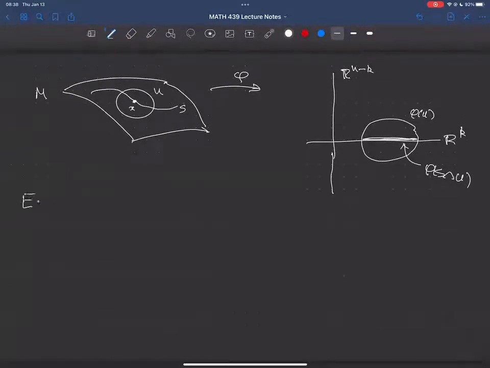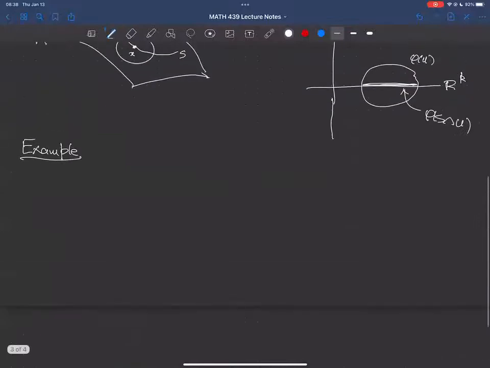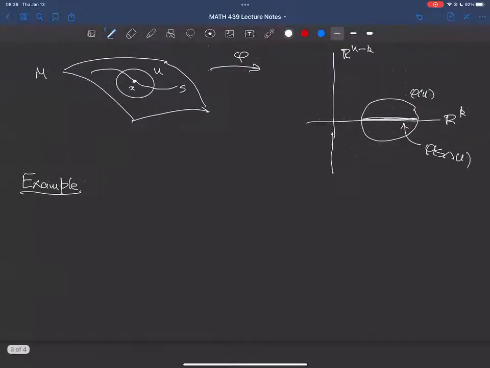So let's look at a simple example. The example we'll look at is the circle that we talked about last time. Last time we saw that the circle was a manifold, and what we're now going to show is that it's a submanifold of R2.